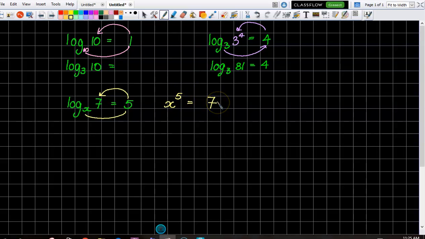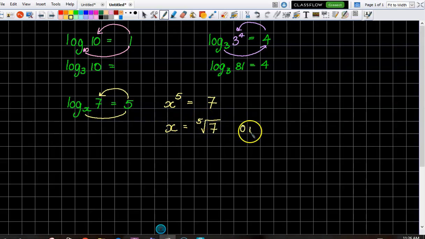Does that make sense? So how do I now find x? Do I need logarithms? No, we're not finding an unknown power. So how do we get rid of a power of 5? You take it to the 5th. So this will be the 5th root of 7, right?